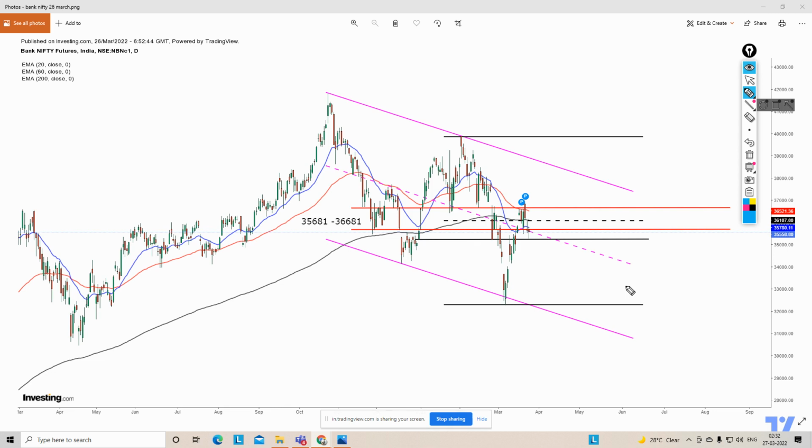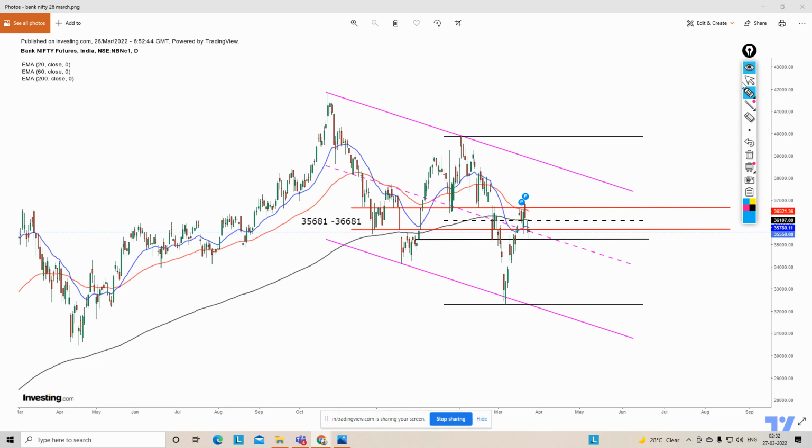So Bank Nifty is closing below the 50% of both the trends, as well as below the 20, 60, 200 exponential moving average. Correct? So having a neutral view, Bank Nifty is showing very little strength in the structure.